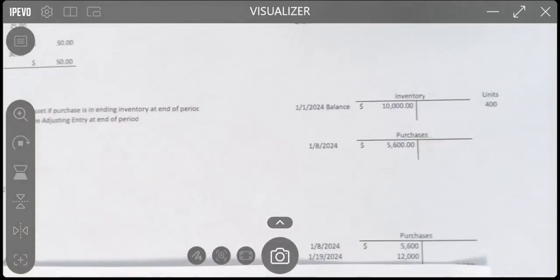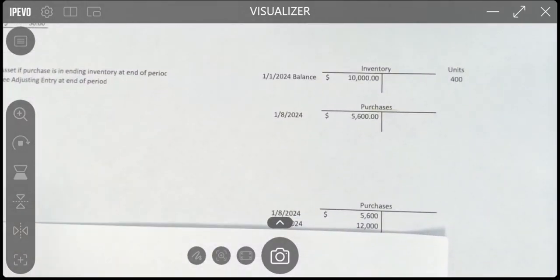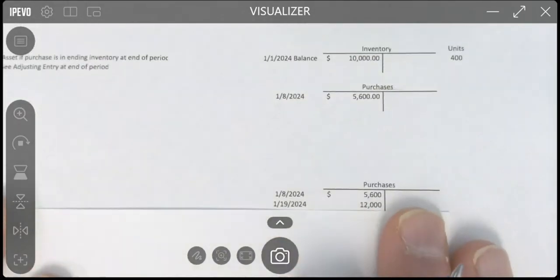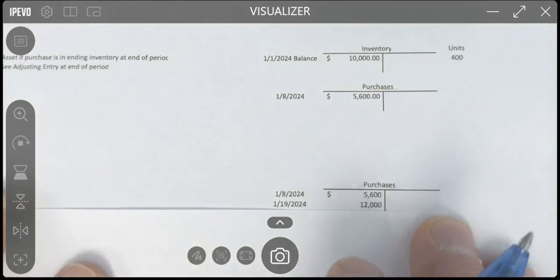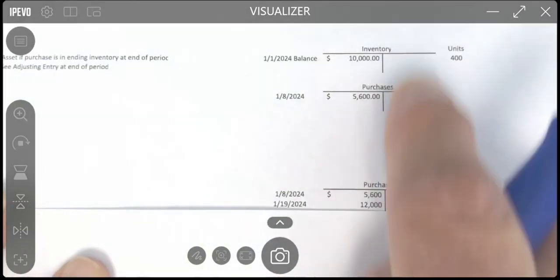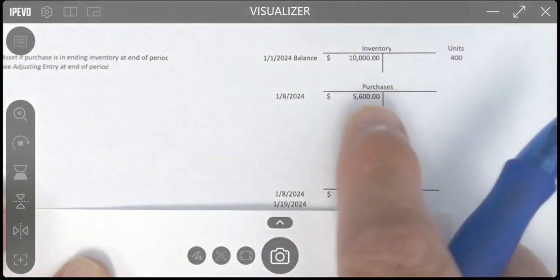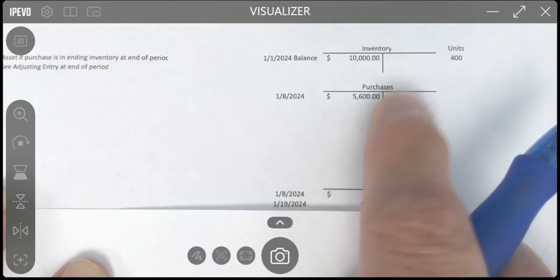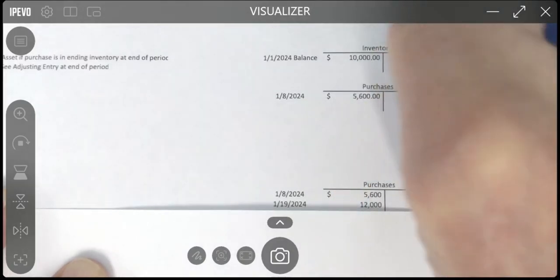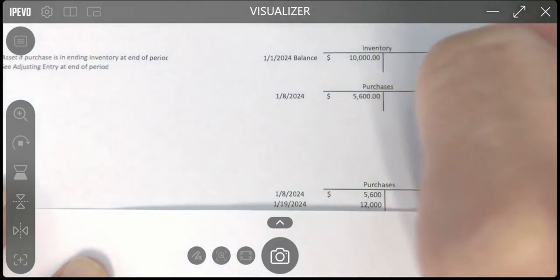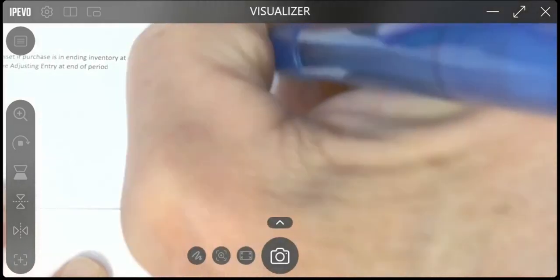And so right now, that's what our accounts look like related to inventory. We have the inventory beginning balance. There's the posting of the January 8th purchase to the purchases account.